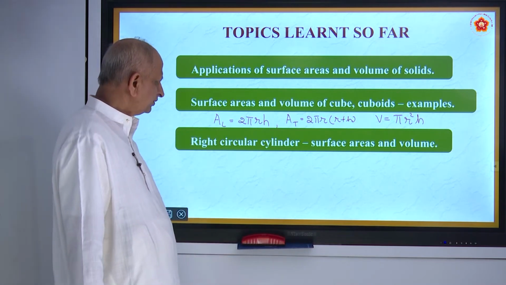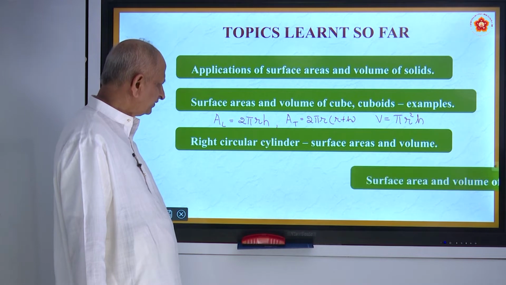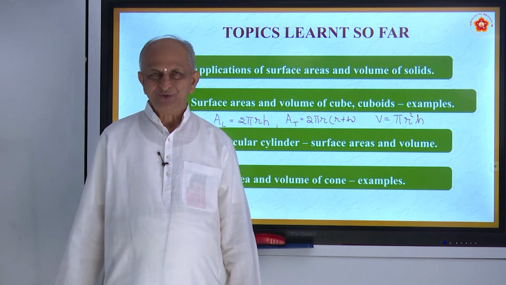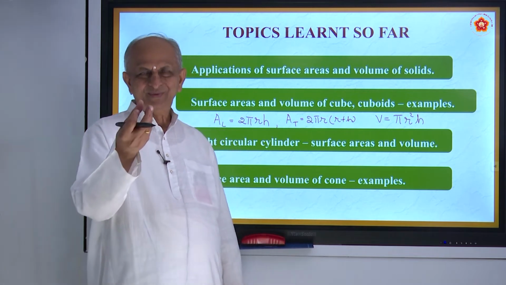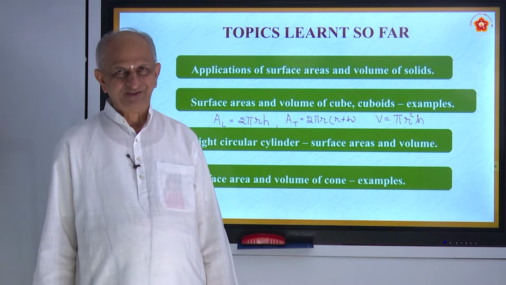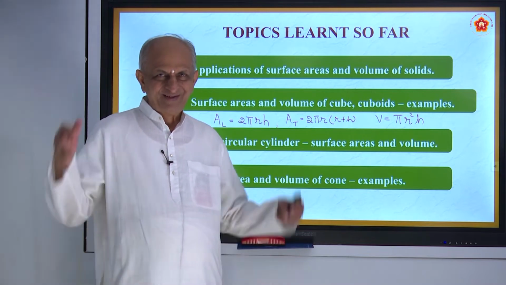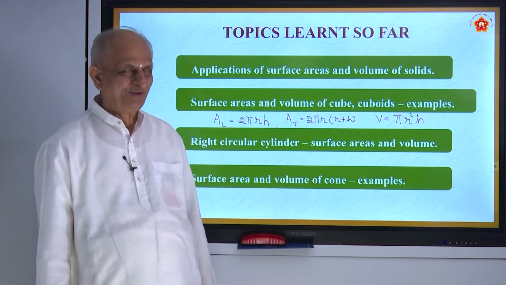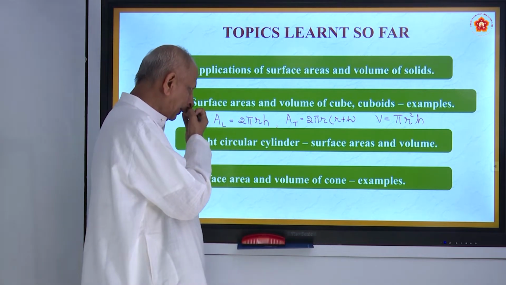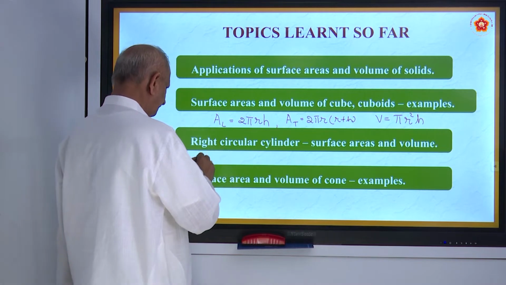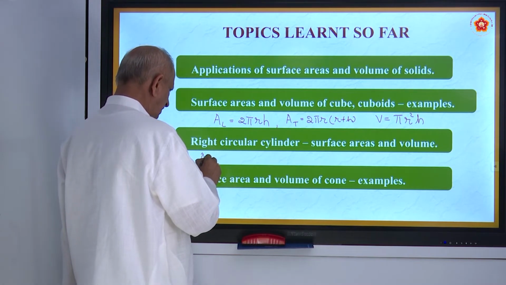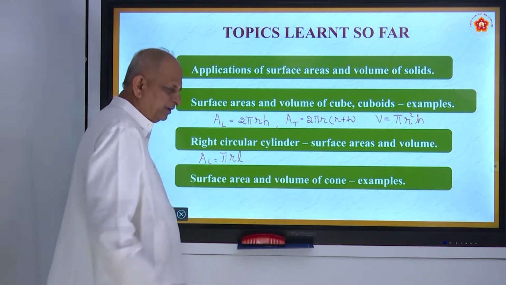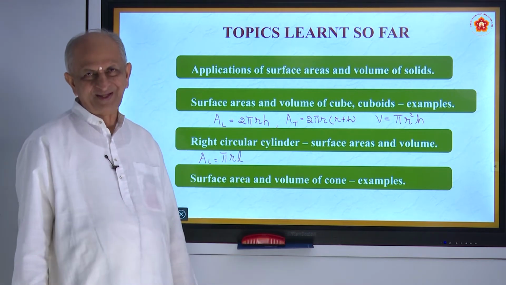And the last one we studied in the previous class was about the cone. Where do you find a cone? The wicket caps are conical in shape, ice creams and the cap of the jokers and all. Is it not? There are so many good examples of a cone. Again, the curved surface area is given by the formula A is equal to pi R L. What is L?